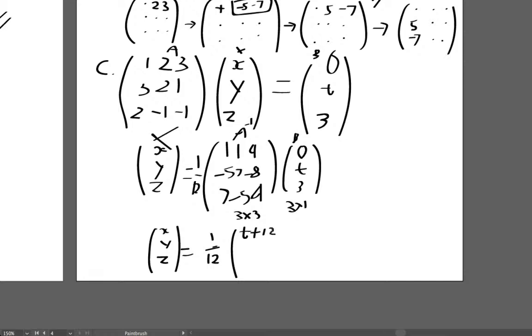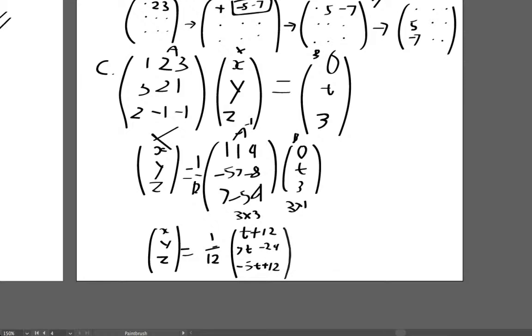And now let's figure out the second one here. 7t minus 24. Third one here, minus 5t plus 12.